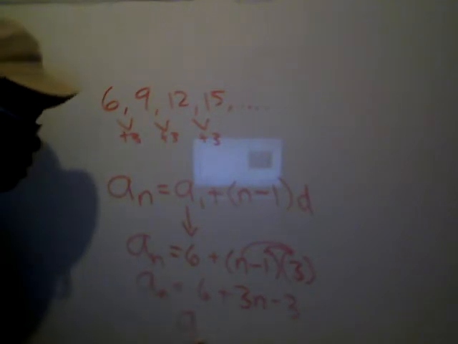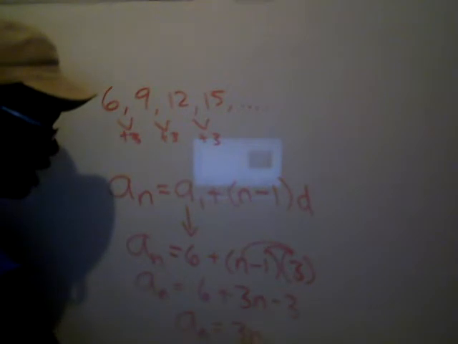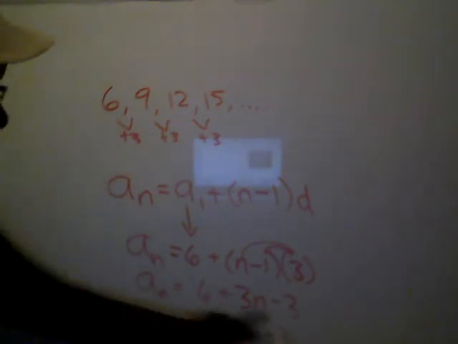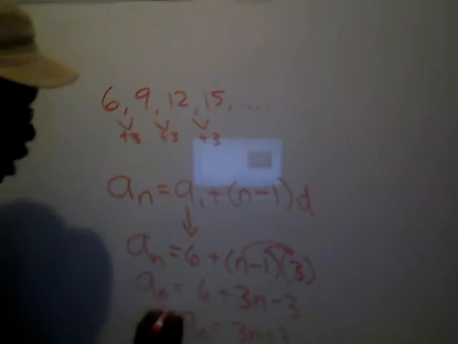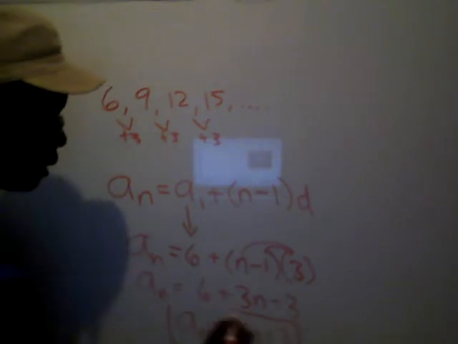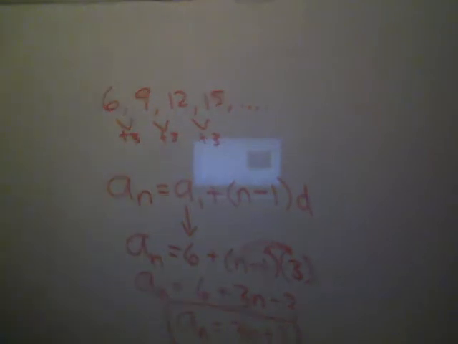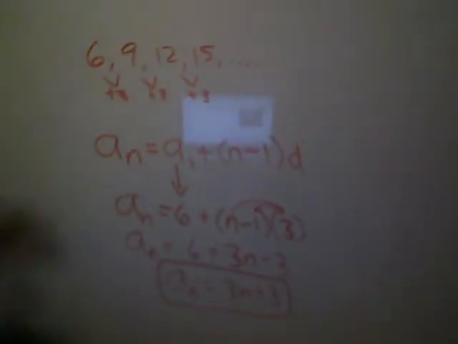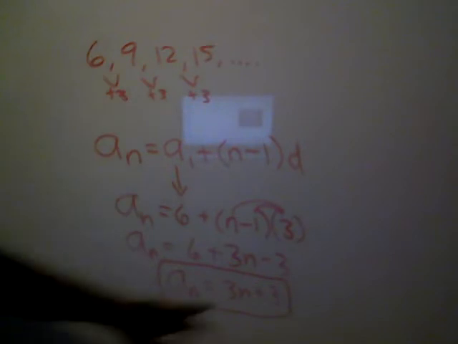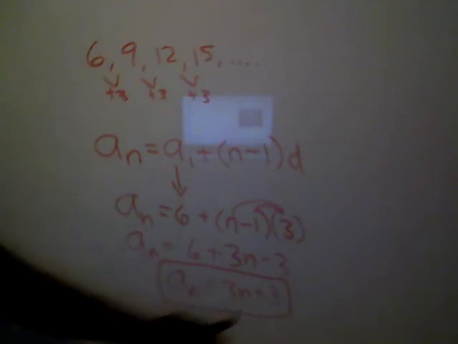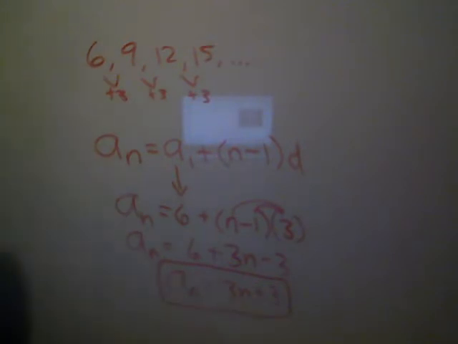So we get a sub n equals 3n plus 3. If we combine the 6 and the negative 3 together, we get plus 3. So this is the equation that we can use anytime we want to create this sequence. So if they asked us to find the 500th term in this sequence, we wouldn't have to write it all out. We just put 500 in here for n.